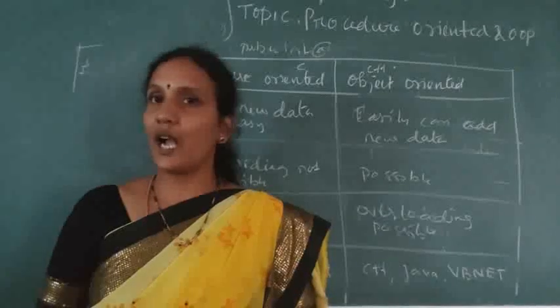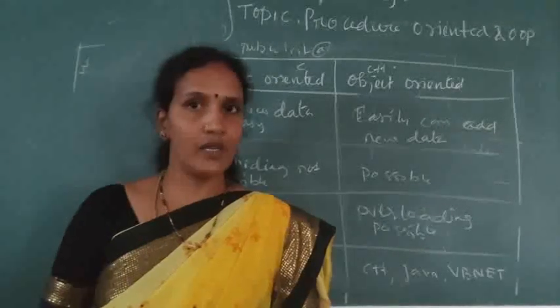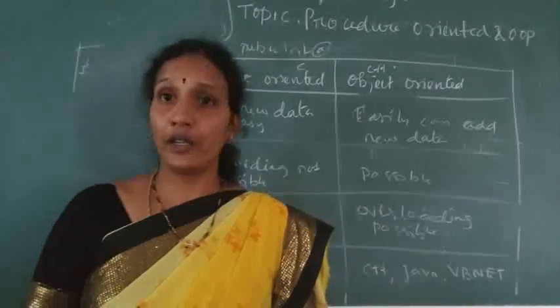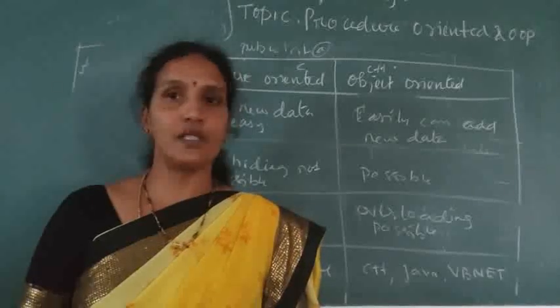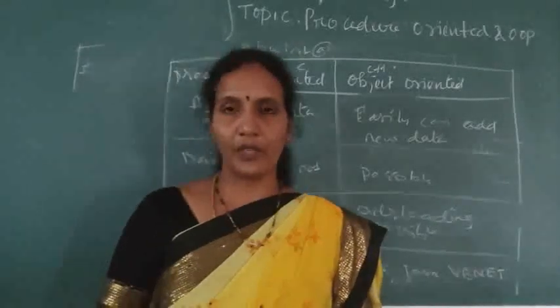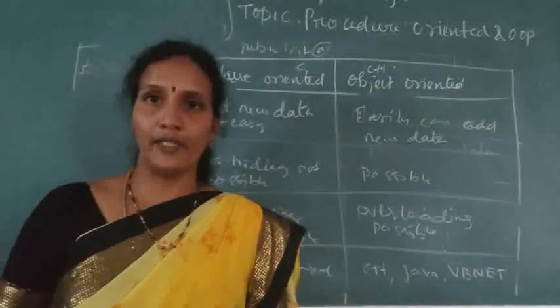Data hiding is not possible in procedural, whereas it is possible in C++, that is, in object-oriented programming, and reusability is also there in C++. That is not there in C programming, that means procedural-oriented programming. So these are the key points.